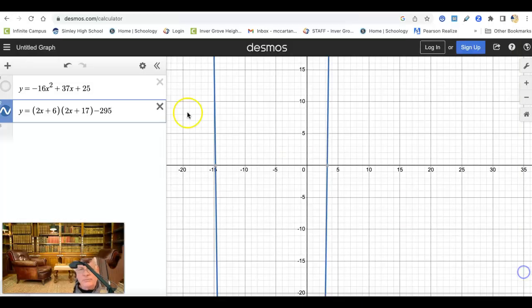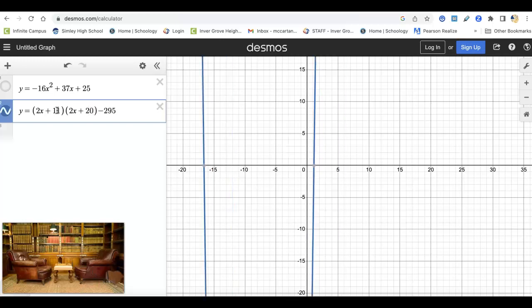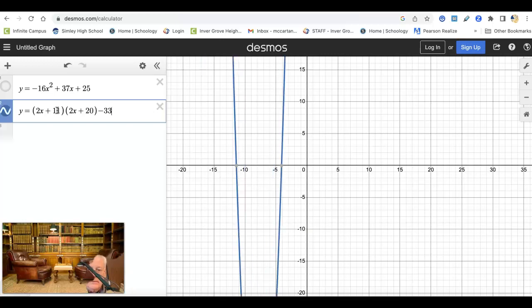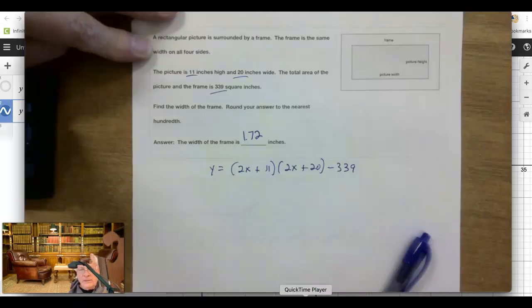Put it in Desmos. 339. All right, there's our answer right there, 1.72. All right, so put the answer right there.